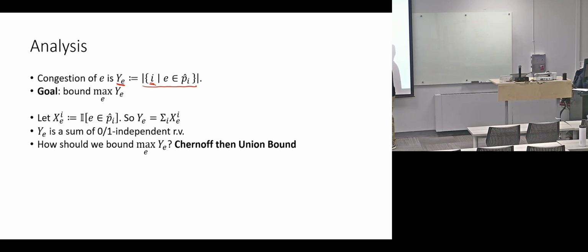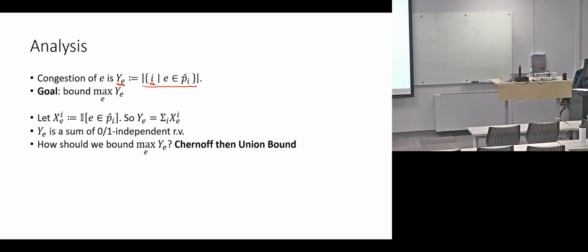So how do we do this? Well, I'm just going to create some indicator. Let's say that X_e^i for the demand pair i indicates whether e is in the path that we choose for demand pair i, and then Y_e is just a sum over i of X_e^i.